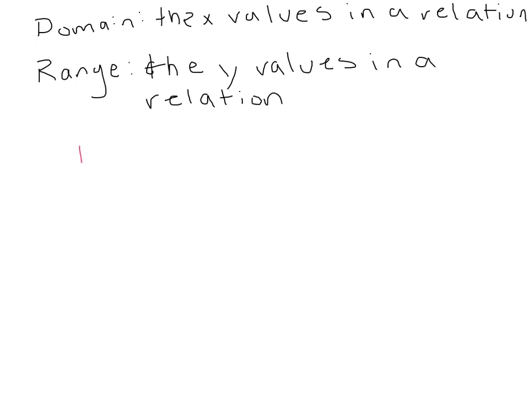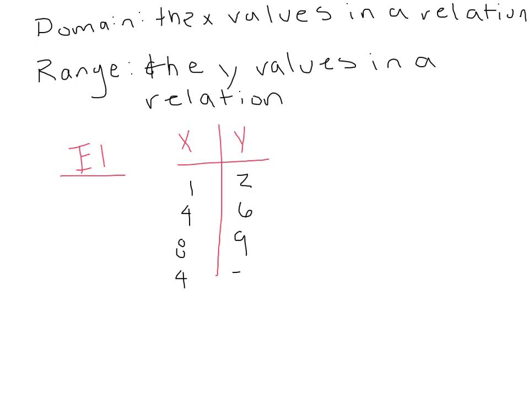So I'd write, all right, example 1. Here's your first example of how you identify the domain and the range of something. We're going to start out with just a basic table. Let's say we have an x y table. In that table, we have the numbers 1, 4, 8, and 4. And then for y, we have 2, 6, 9, and 3.